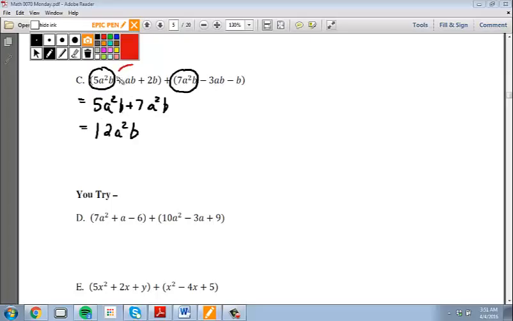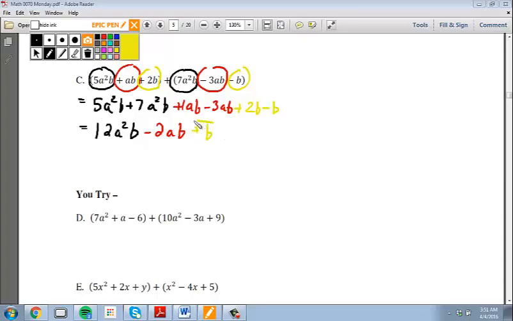Then I look for my ab terms, which are next. So plus ab minus 3ab, that's like 1ab, so 1 minus 3 is negative 2. And then I have the plus 2b minus b, that is just a positive 1b.